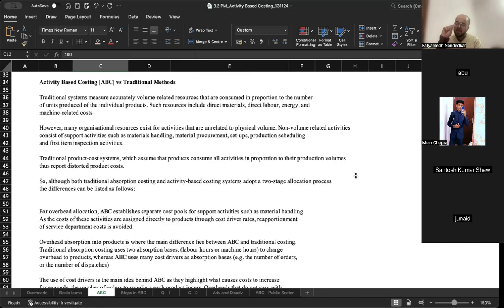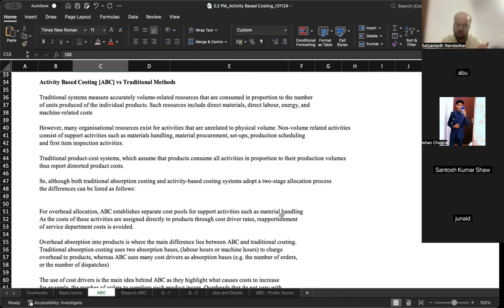It's just that the calculation approach is different. So you should not say difference between activity based costing and absorption costing, because activity based costing is a way of doing absorption costing. You should say activity based costing method versus the traditional method.